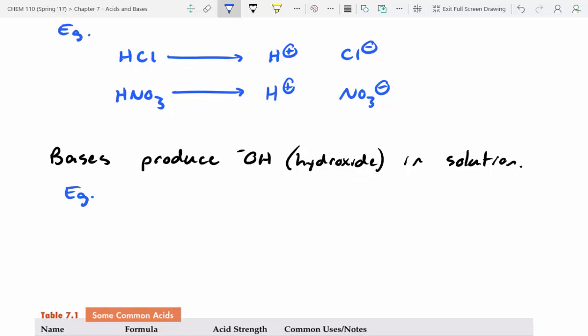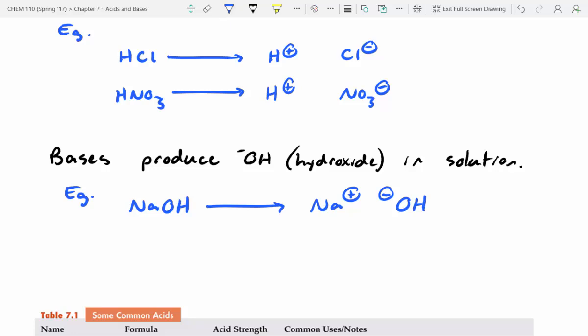Let's say I've got sodium hydroxide, and I'm going to dissociate this. What anions and cations will I get out? Yeah, Na+. Sodium's always going to have +1. And then hydroxide, we know, must be -1 to balance that out, right? So the thought was that sodium hydroxide is a base because you're producing this hydroxide anion in solution. Does that make sense? It's pretty good definition, but it's not the best definition, and we'll talk more about that in a second.